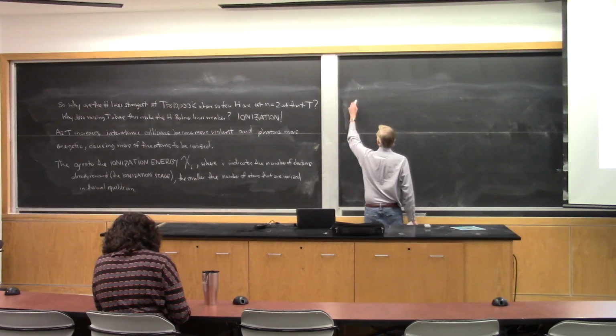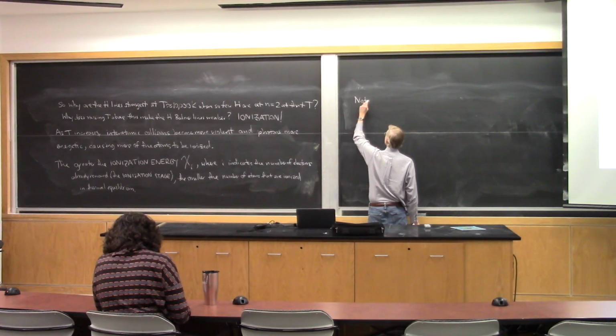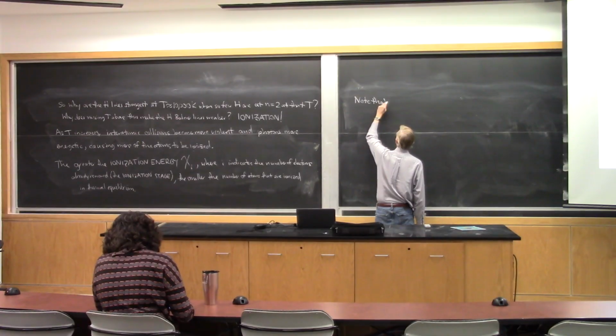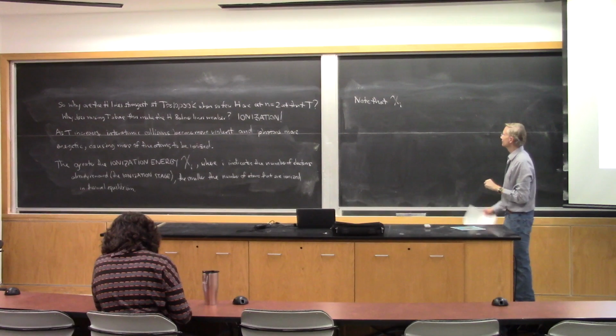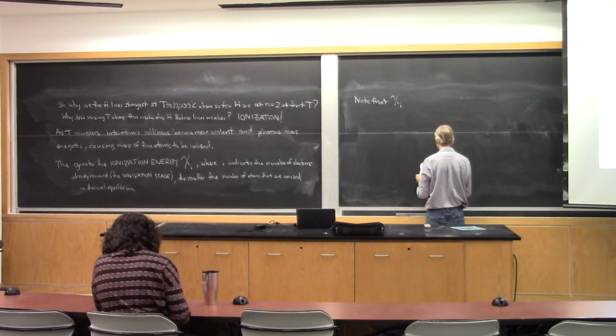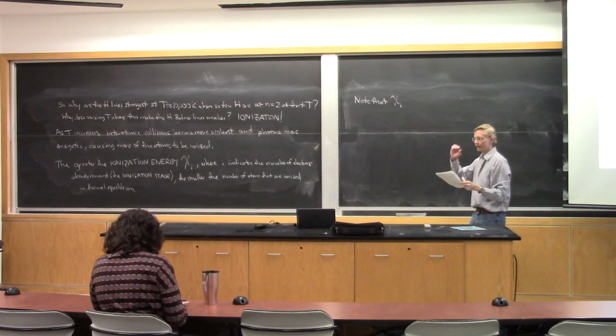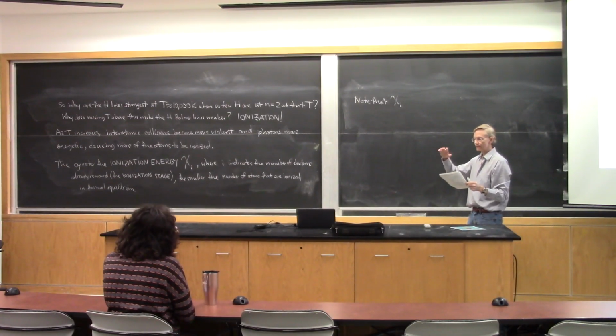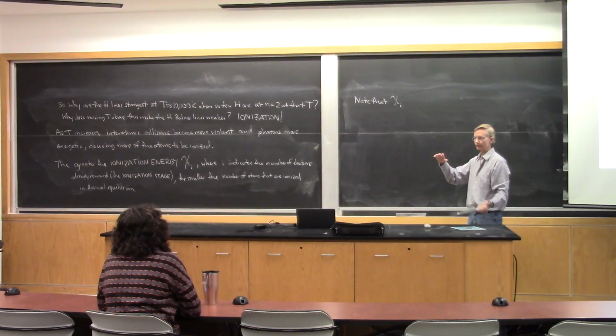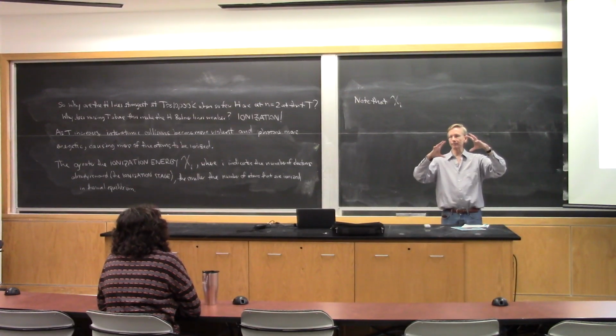Note that chi sub I is the energy needed to go from the ground state of ionization stage I to the ground state of ionization stage I plus 1. In other words, suppose you've got carbon.